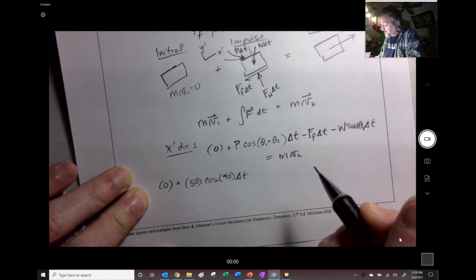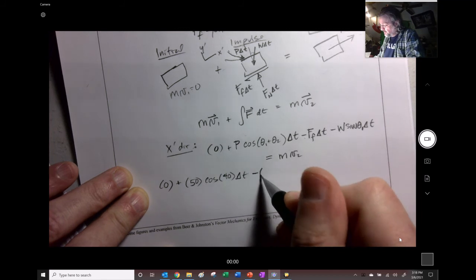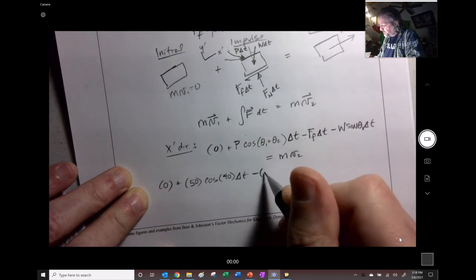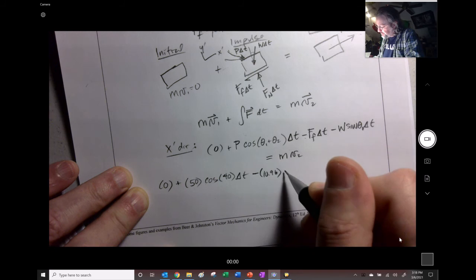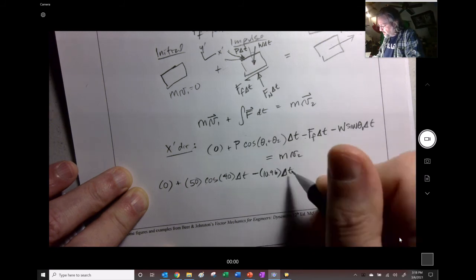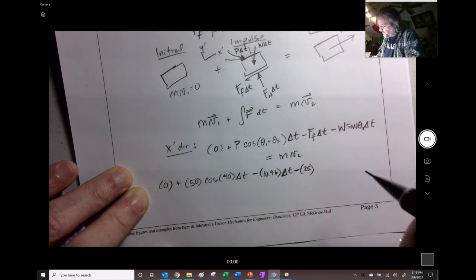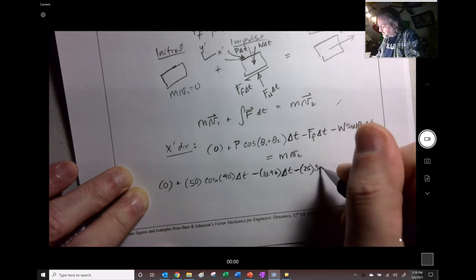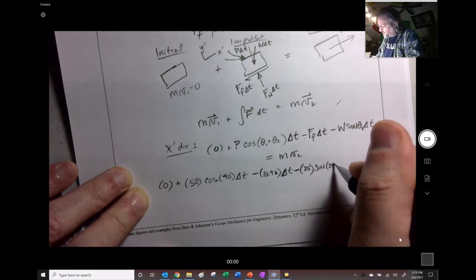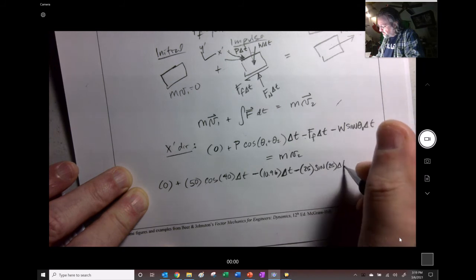We don't know the time. The friction force is going to be 10.96, also times the time, which we don't know, and then we know the thing is 25 pounds, and sine of 25 degrees.